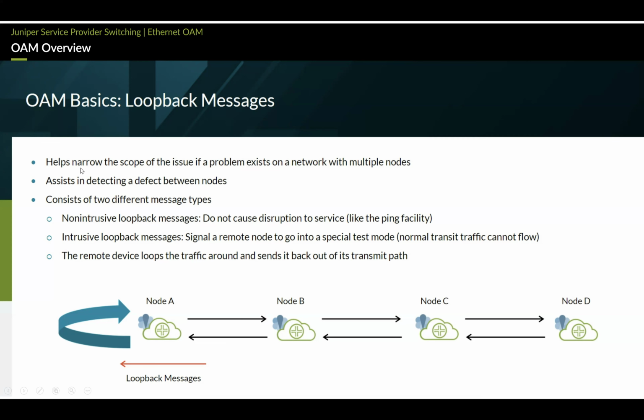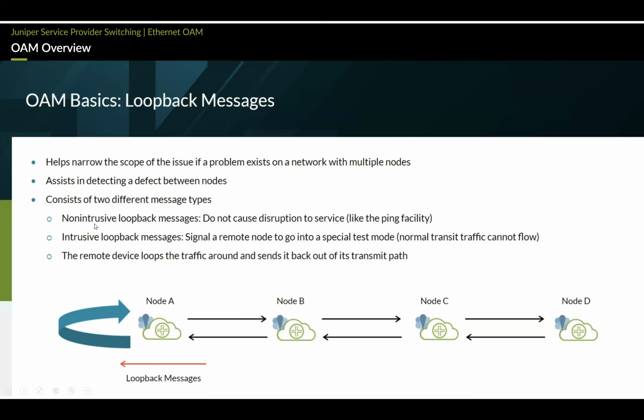If you want to find an issue in an individual node or multiple nodes, you can use loopback message. It assists in detecting a defect between nodes and consists of two message types: non-intrusive loopback message and intrusive loopback message.